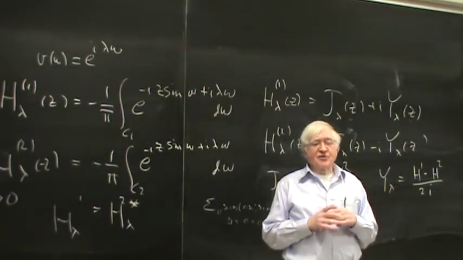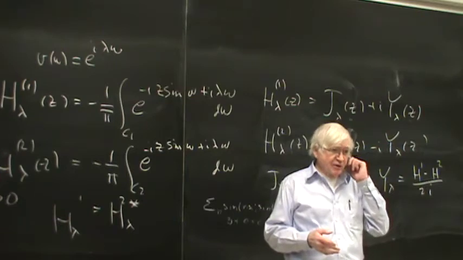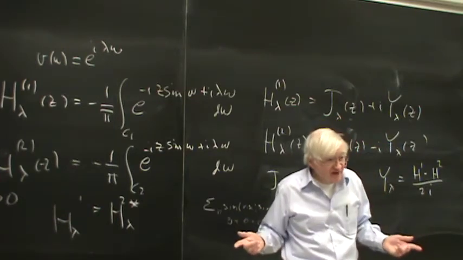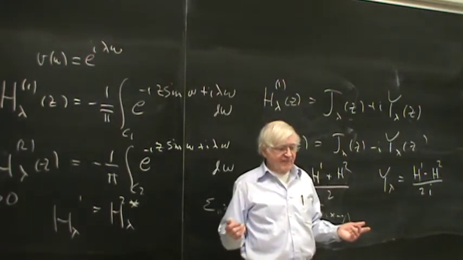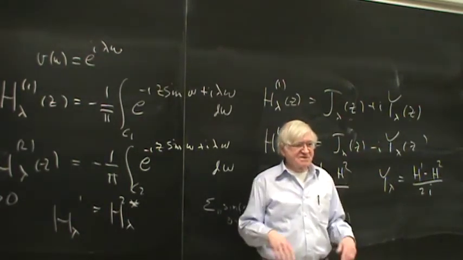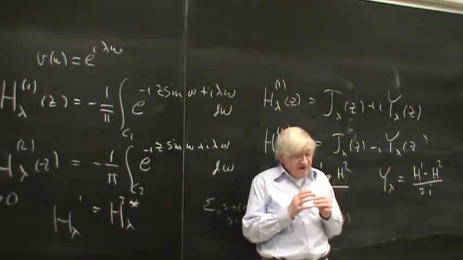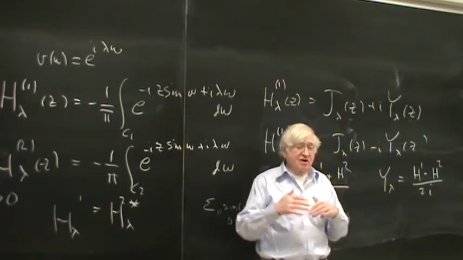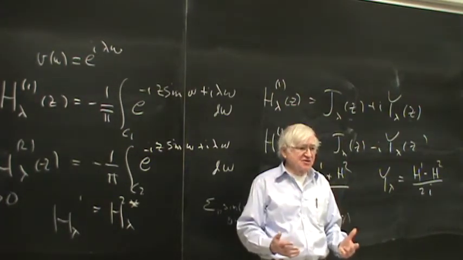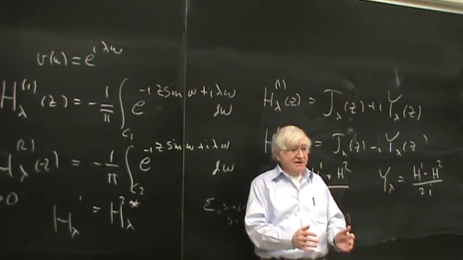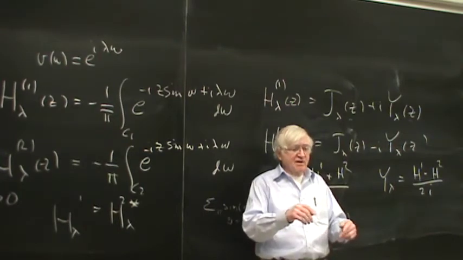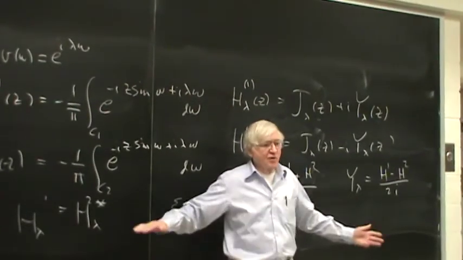But for example, one space, due to Gelfand, who later went to Rutgers when the Soviet Union collapsed, was the space of all infinitely differentiable functions that vanish outside of some compact set. In other words, they're infinitely differentiable on 0 to 1 and 0 everywhere else.